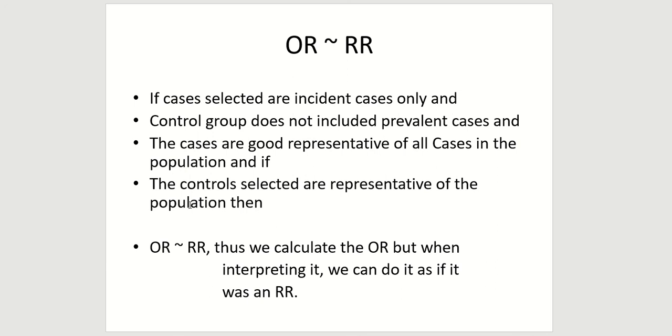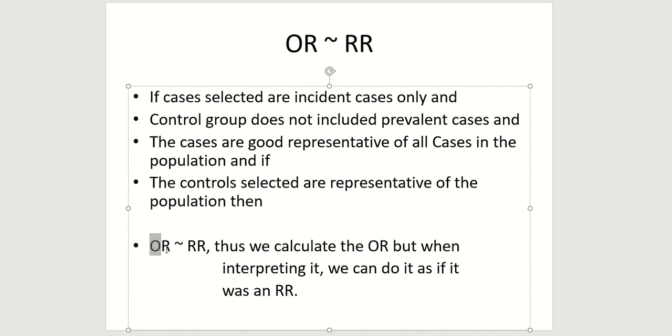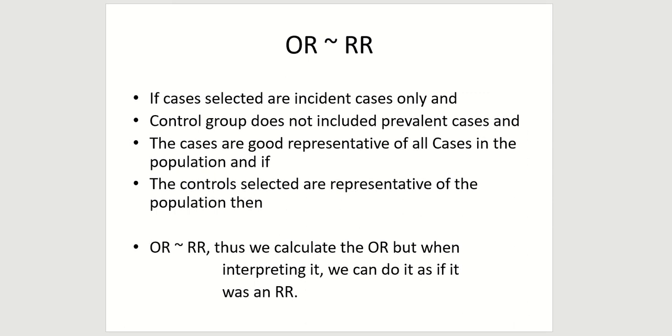In addition, in your cases you're not taking prevalent cases, you're taking only new cases. In that specific scenario, which is rare to happen, then the odds ratio will be very close to the relative risk, and you are allowed to interpret your odds ratio as a relative risk. But this is something that is rare, and it doesn't happen very often.